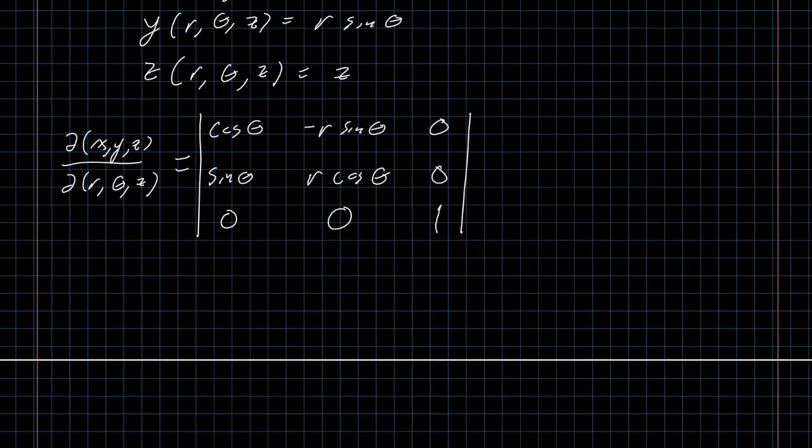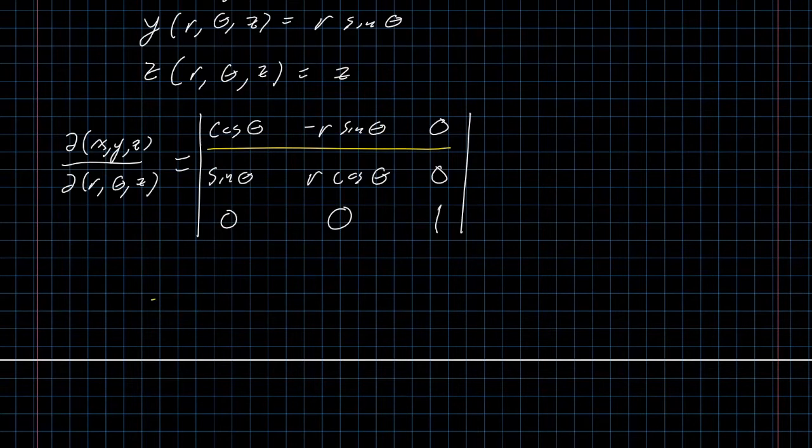And expanding this down, there's a trick in linear algebra that lets you expand down other rows and columns. If you've seen that before, this is going to be a lot easier than what I'm going to show you. But if you haven't seen that before, I'm just going to continue on and expand across the first row.